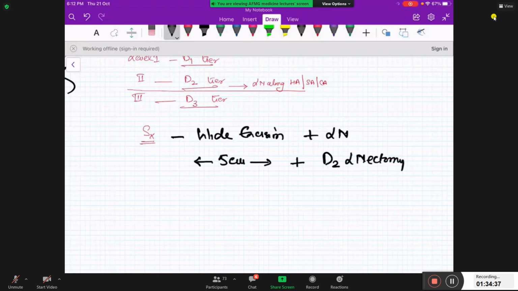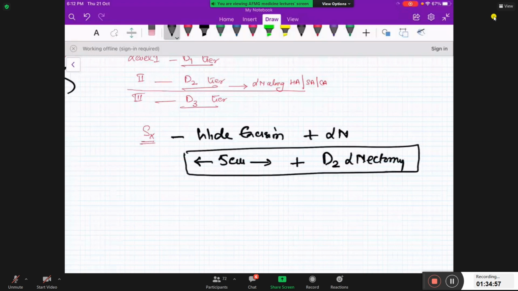So stomach की सर्जरी में हमारे MRM में क्या था? What is the extent of lymphadenectomy in MRM? Level 1, level 2 always, level 3 if enlarged. Right? In stomach, the extent of lymphadenectomy is D2 lymphadenectomy. What is D2? We know now.